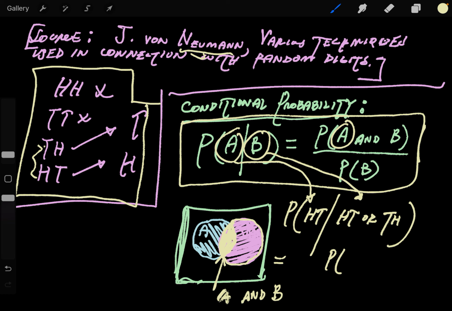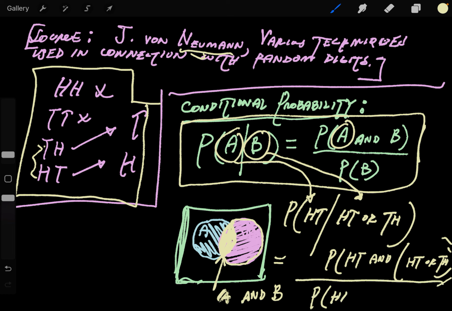So I should write it out: the probability of heads tails and (heads tails or tails heads), divided by the probability of heads tails or tails heads.